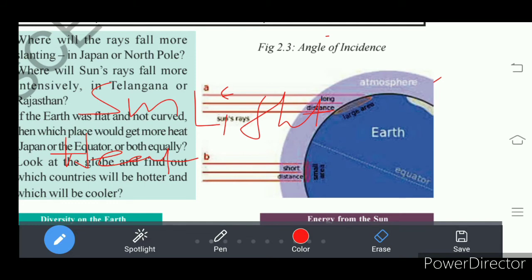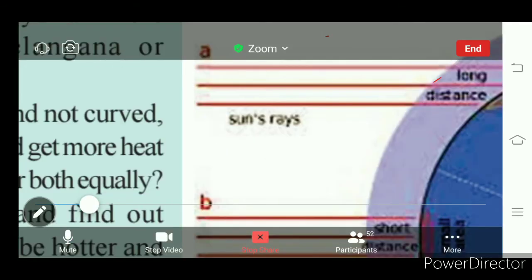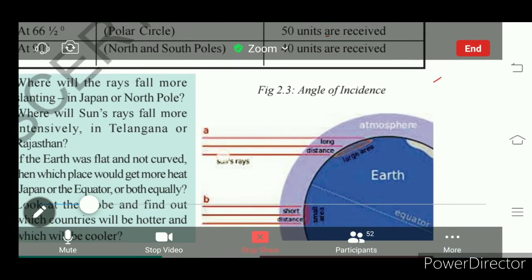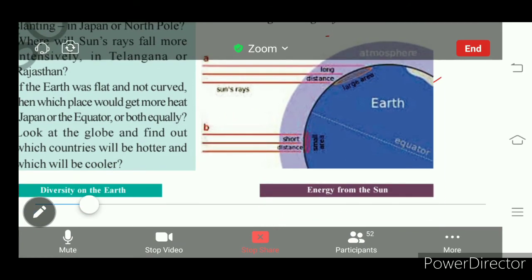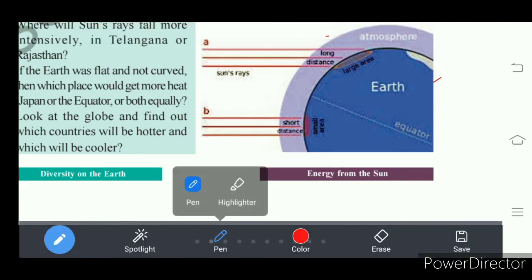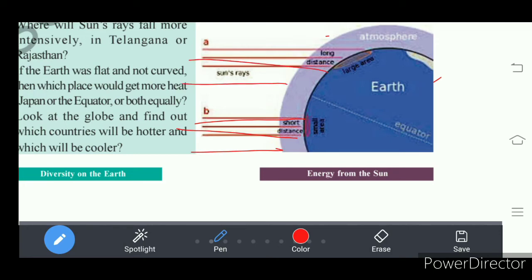So here is a figure showing the sun rays falling on the earth's surface. Look at figure 2.3. What do you see here? It is the earth and sun rays are falling on the earth. Sun rays are emitted, emitted means coming out of the sun.